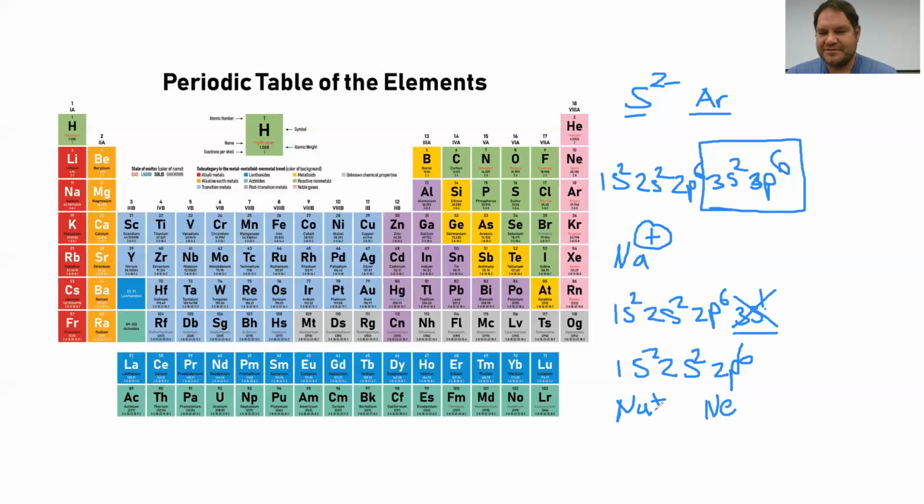Which means that sodium plus and neon are isoelectronic atoms. They have the same electron configuration, even though they're still not the same atoms, okay? All right, so this is really likely when ions are formed, that they're going to be isoelectronic to some other element, often a noble gas, okay?